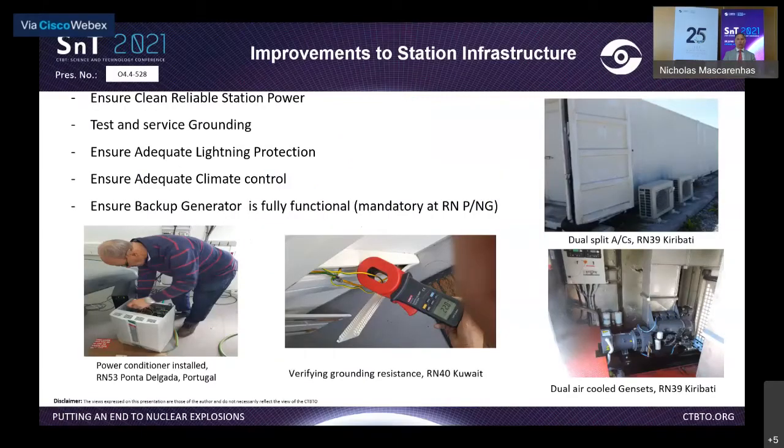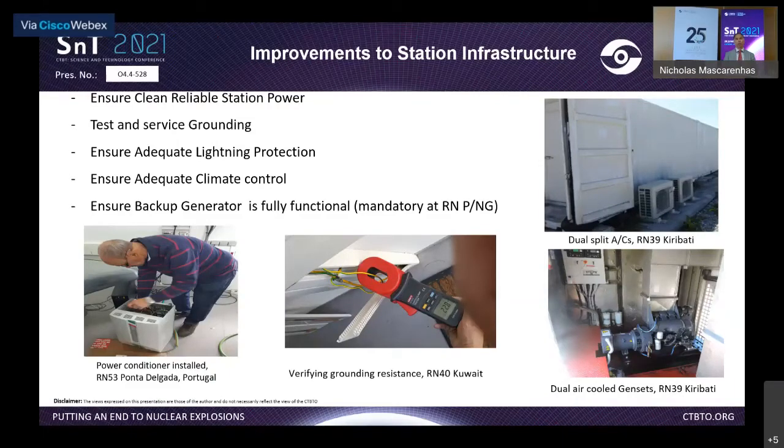So the first one, as you know, our stations are in very difficult and remote locations, and most of them have significant, very specialized technical equipment, be it radionuclide, noble gas, particulate, digitizers, detector systems, seismic sensors, infrasound sensors, hydroacoustic sensors. All of this has to operate in harsh environmental conditions.